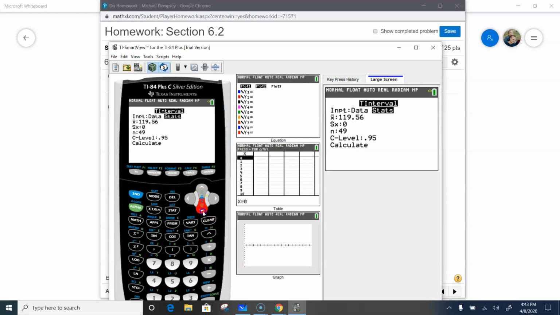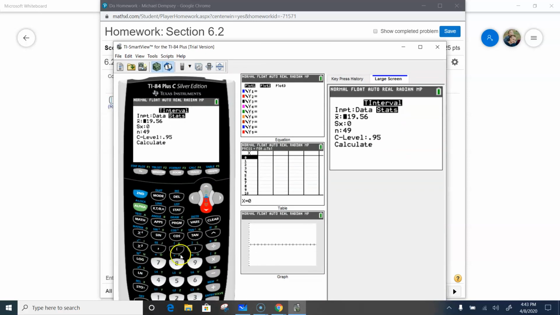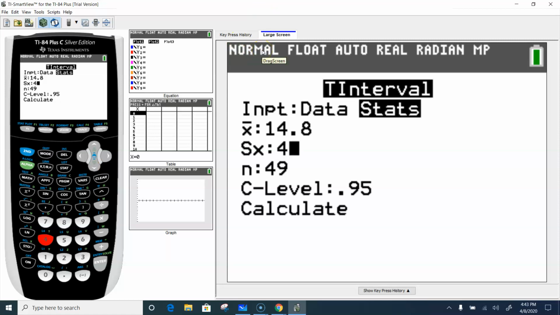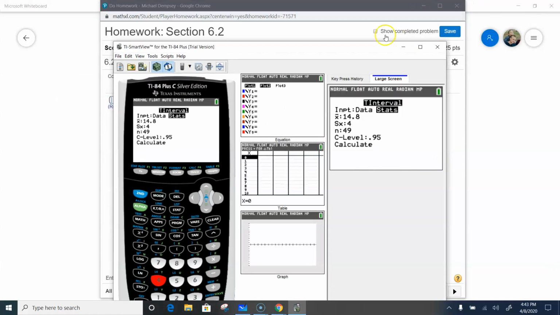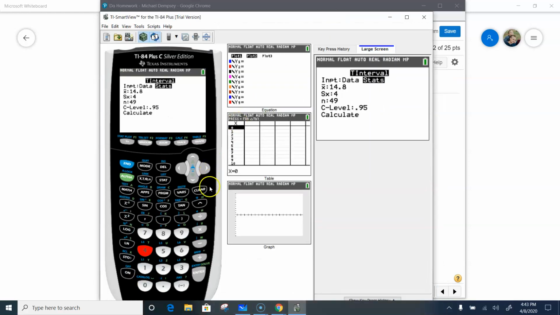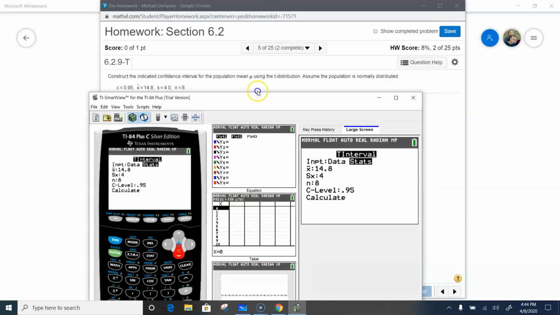We do indeed have the stats here. They give us x bar. It's 14.8. They give us sample standard deviation, which is 4. Sample size is 8. It's a pretty small sample. And then we just tell them what our confidence level is. .95.